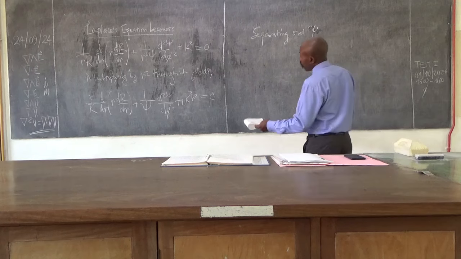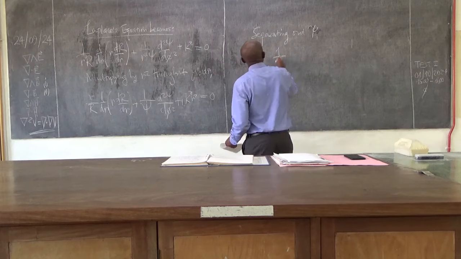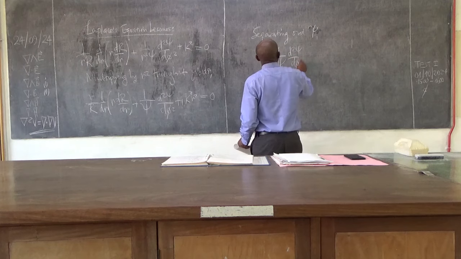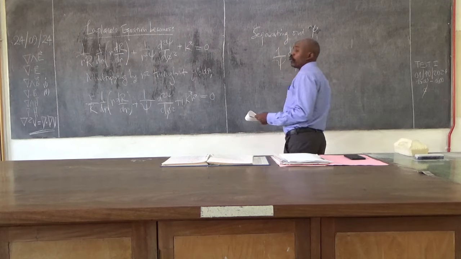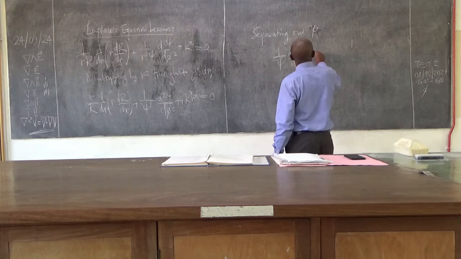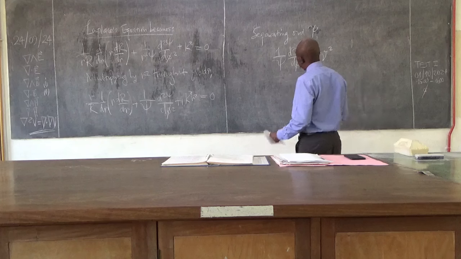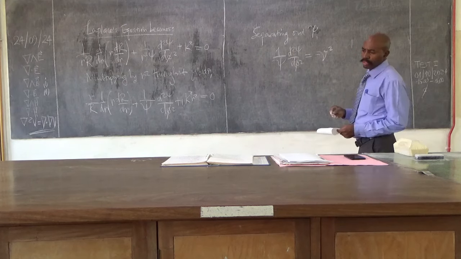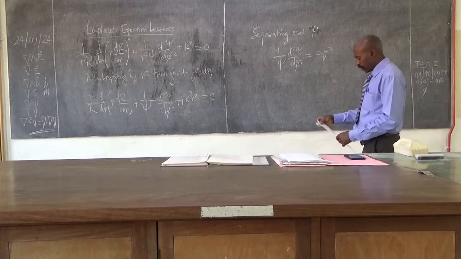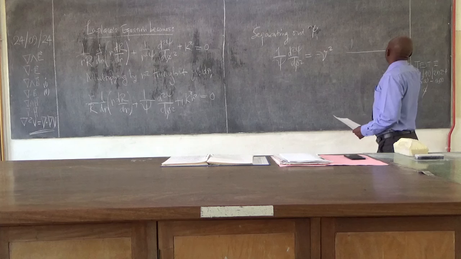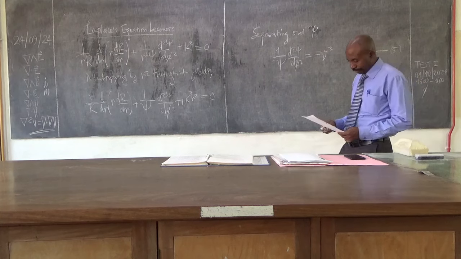we will have 1 over psi, d squared psi by d phi squared, and we can call it a constant minus nu squared. And this should be equation 5.